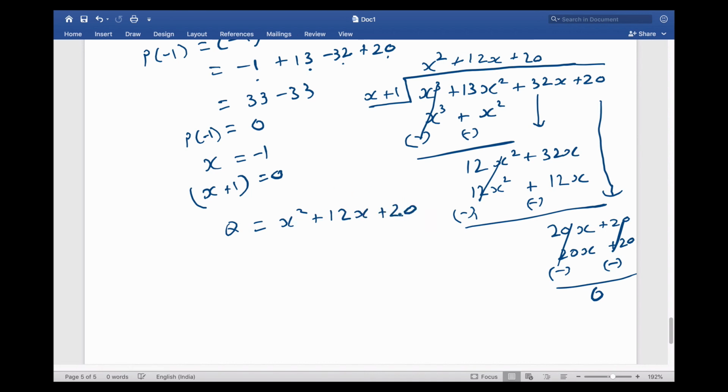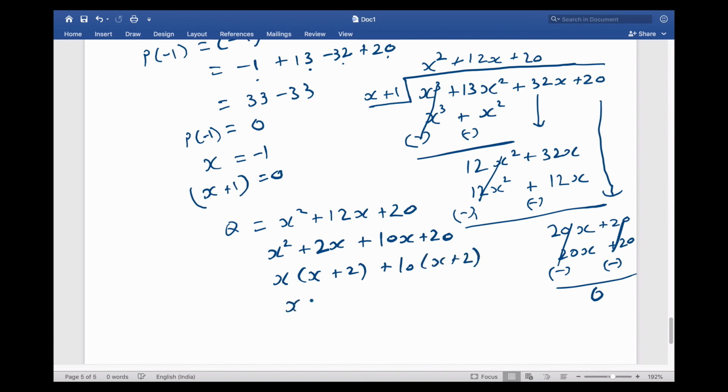We can again do splitting the middle term. This one is relatively easy. We can do 2 into 10. So I get x square plus 2x plus 10x plus 20, which gives me x common, x plus 2 plus 10 common, x plus 2.